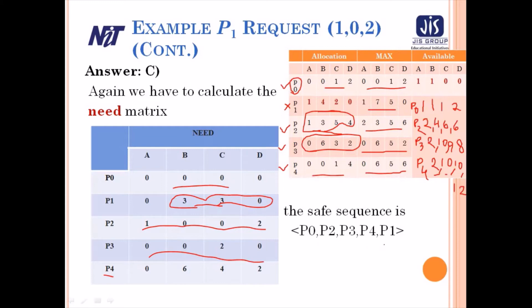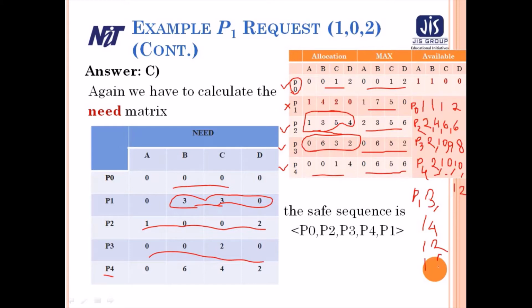Now we can give our resources to P1, and after the execution of P1, its 1420 is released. So our available is 3, B type 10 plus 4 is 14, C type 10 plus 2 is 12, and D type 12.